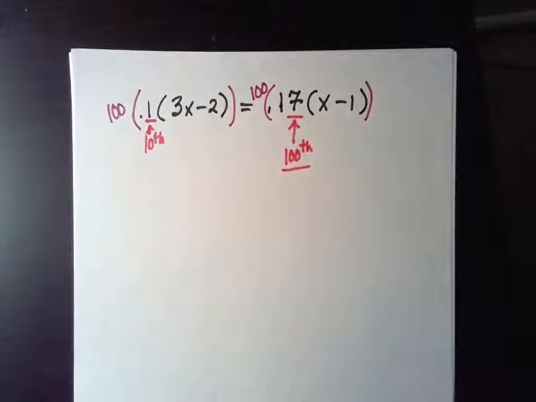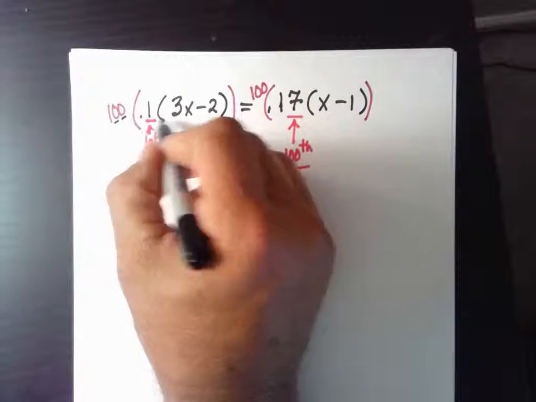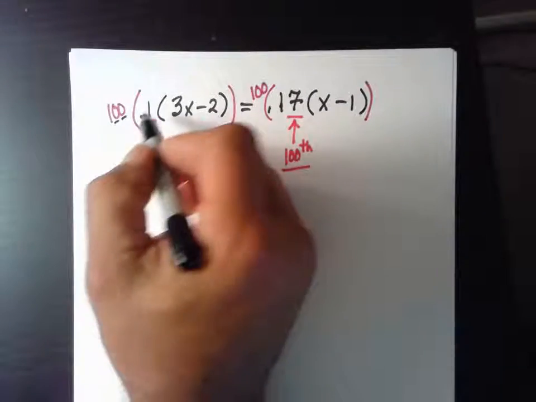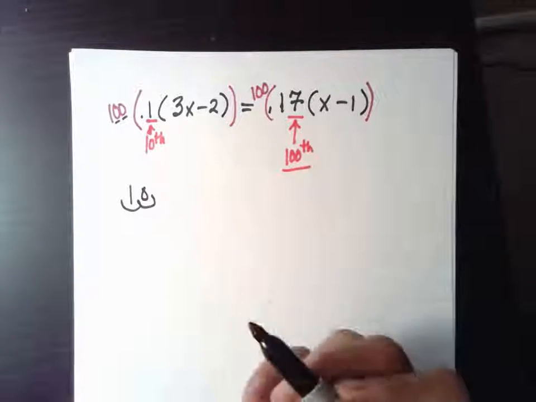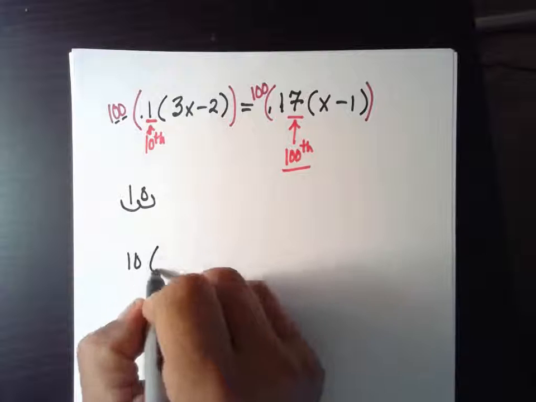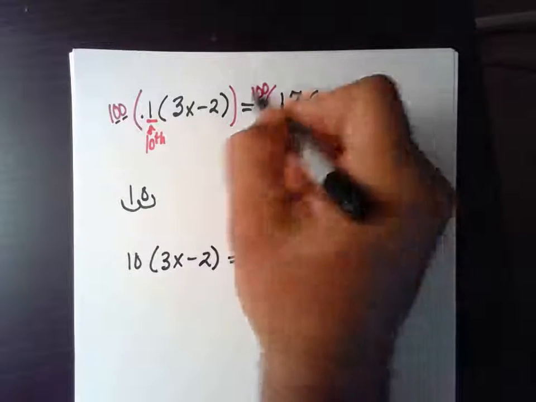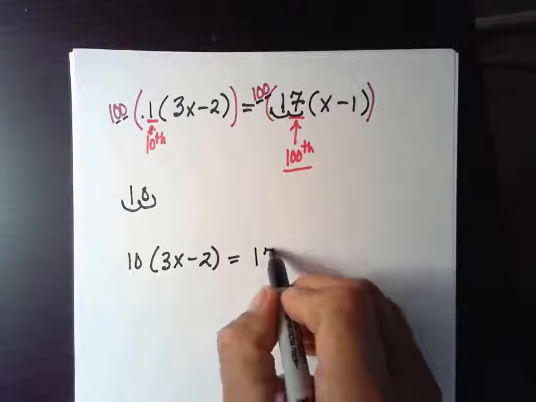Now, of course, if you've had basic math before, you know that when you multiply by a 10 or 100 or 1,000 or 10,000, you count the zeros and you move the decimal place to the right that number of places. So there's 2 zeros, so I'm going to move that decimal place. 1, 2. So I get a 10. 1, 2, 17.